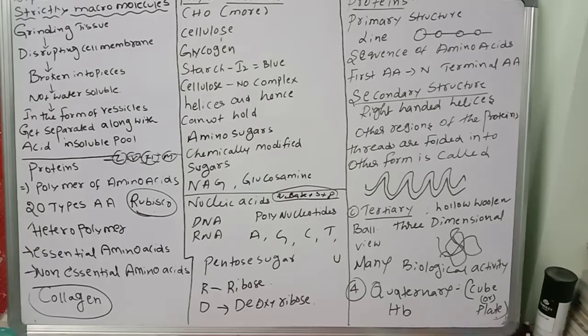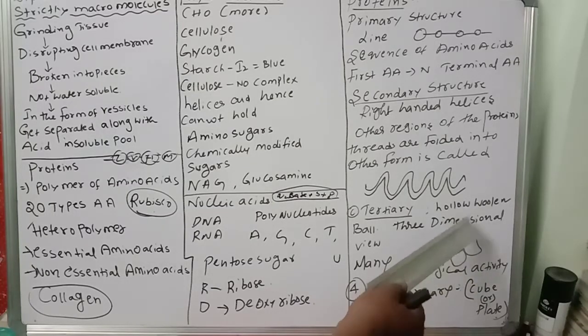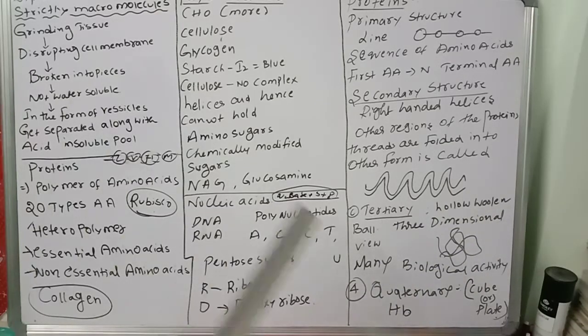So like that, in the tertiary structure, a hollow woolen ball in three-dimensional view, all amino acids are arranged with peptide bonds. In many biological activities the tertiary structure is very important and performs enzymatic actions, increases the rate of reactions, produces the products, and many metabolic functions are performed.